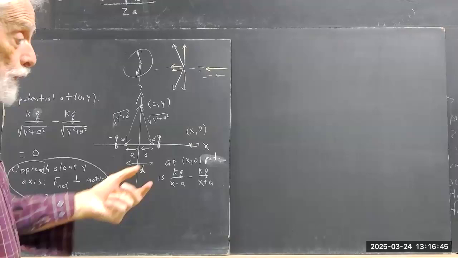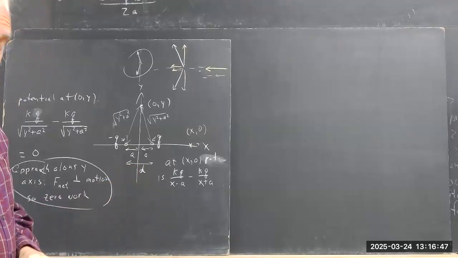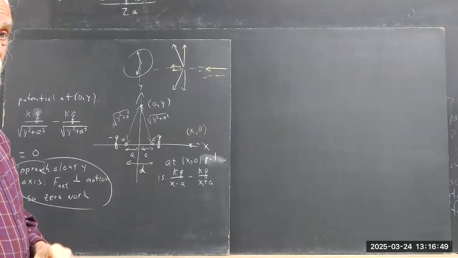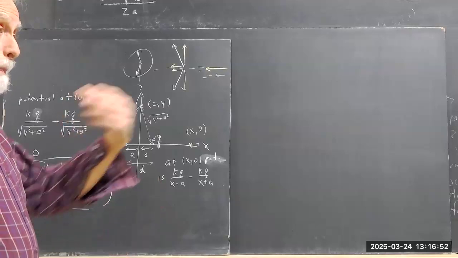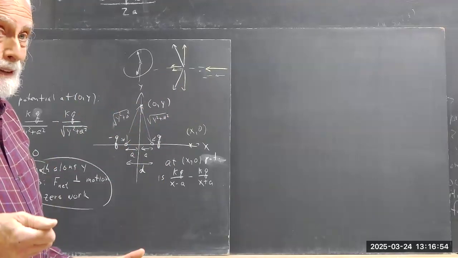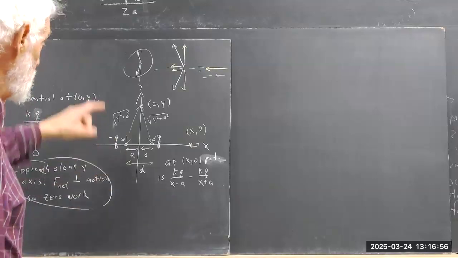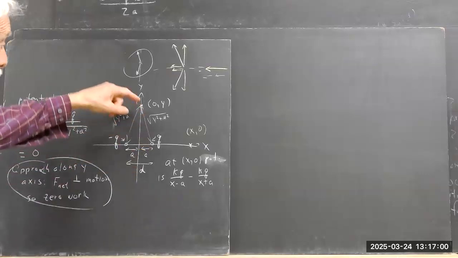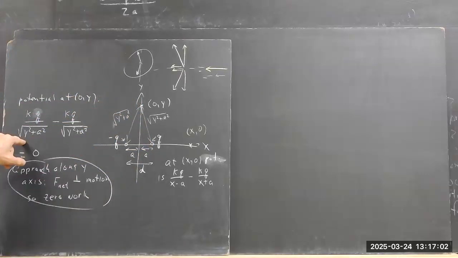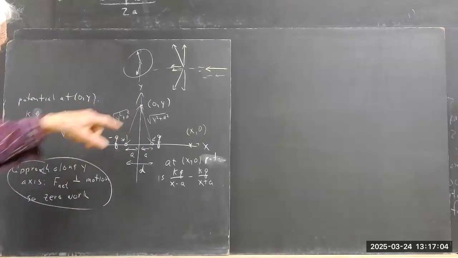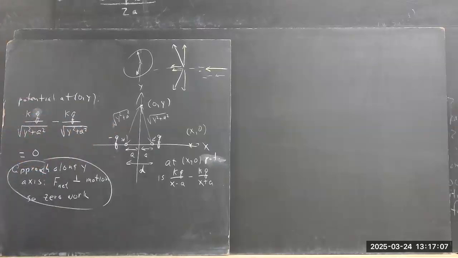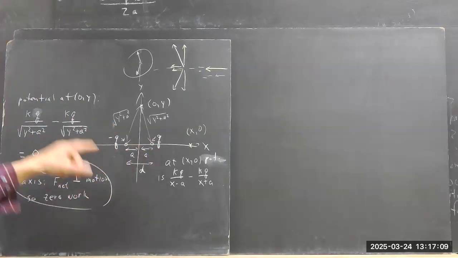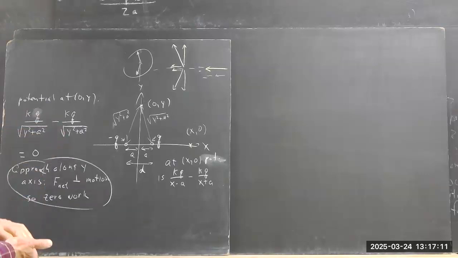Potential due to one charge at one point. And then if we have multiple charges, if we have 5 charges, we get the potential for each one at that point and add them up, which is what we're doing here. We don't have 5, we've only got 2. But we add the potential due to this charge here and the potential due to this charge here. They're of opposite sign because the charges are of opposite signs.